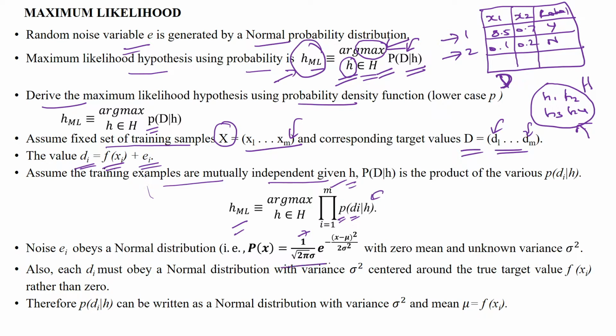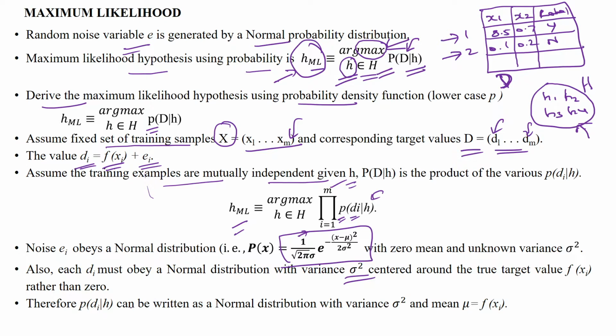The probability density function equation is 1 divided by square root of 2 pi sigma square, times e power minus (x minus mu) whole square divided by 2 sigma square. Here sigma square is the variance and mu is the mean.